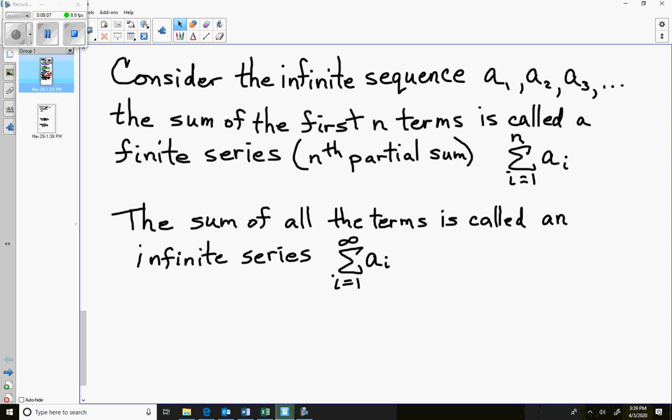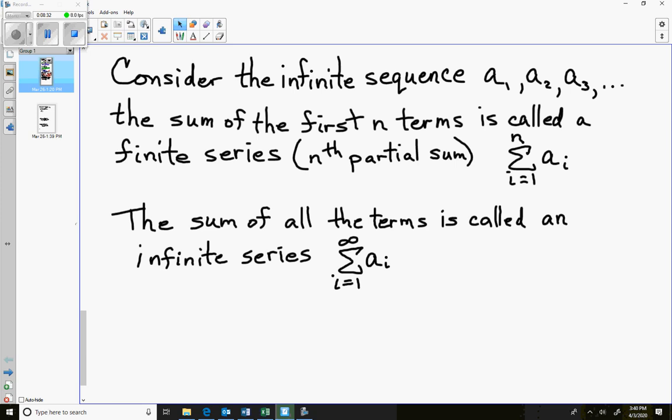Next, consider the infinite sequence. Infinite means it keeps going forever and ever. It does not stop. So we have a1, a2, a3, a4, a5, it goes on forever and ever. What will be the sum of that sequence? Well, if it keeps going forever and ever and getting bigger, we're not going to get one.